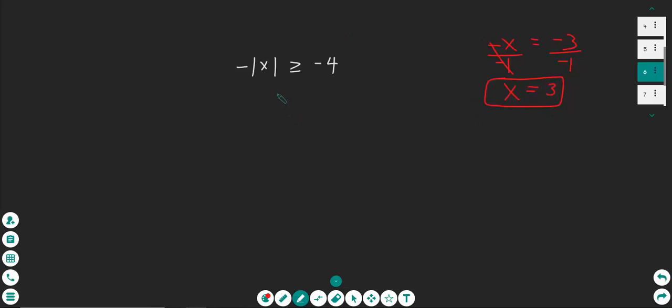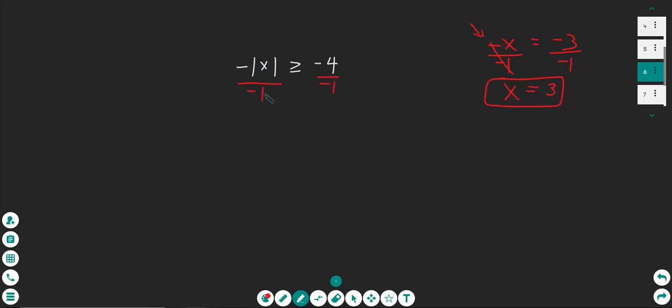All right? The same rules apply, except there is one very important rule, and that is if you ever divide or multiply by a negative number, you have to switch the sign of the inequality. Okay, very important. Don't forget that. So here we want to get this absolute value of x by itself. So to do that, we will divide both sides by a negative 1, just like we did in this example.